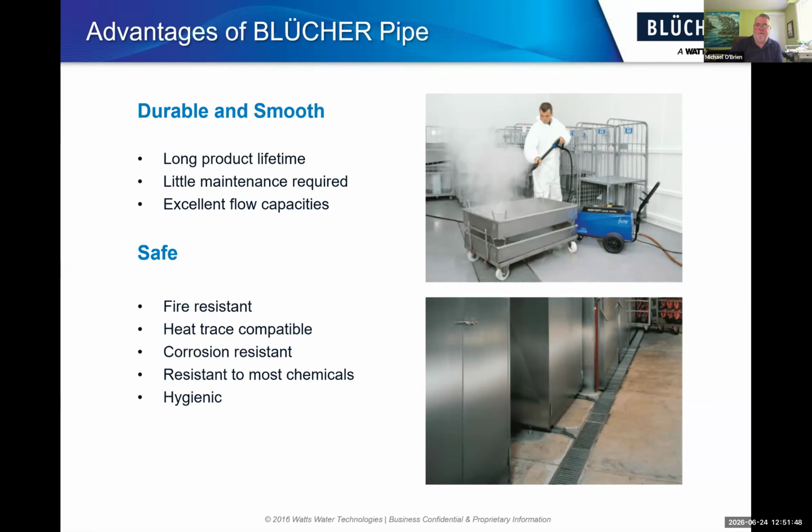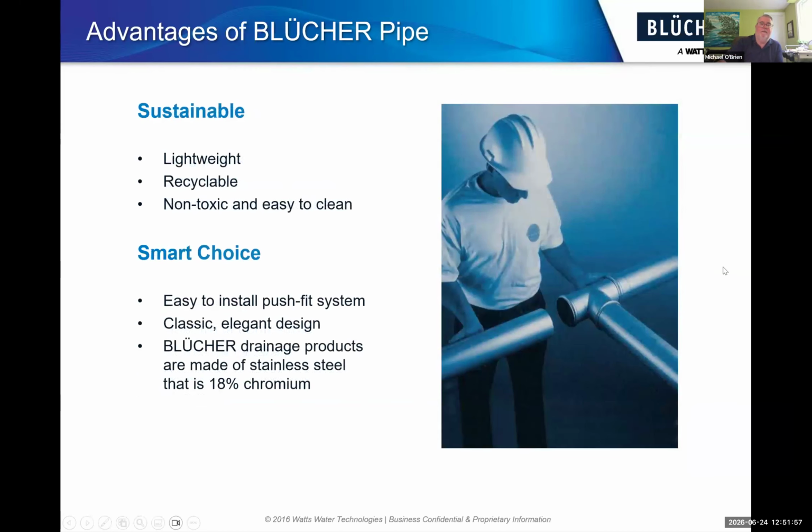Or if you're traveling outside for any distance, you can heat trace it. Corrosion resistant to most chemicals, very hygienic, very easy to clean, sustainable, lightweight, recyclable, non-toxic. We use 90% recycled material in the stainless steel.